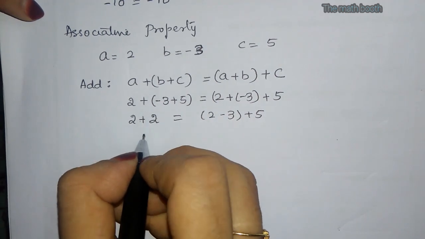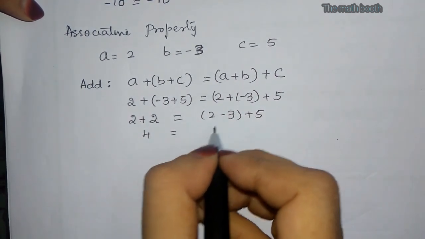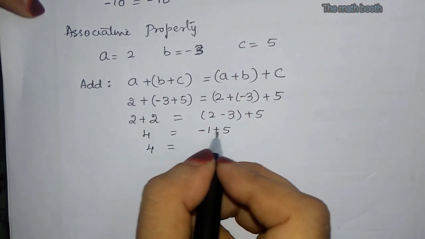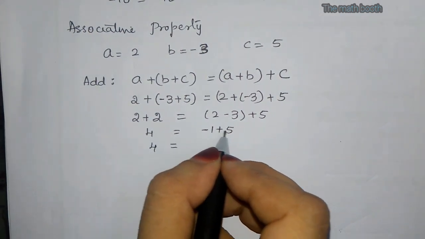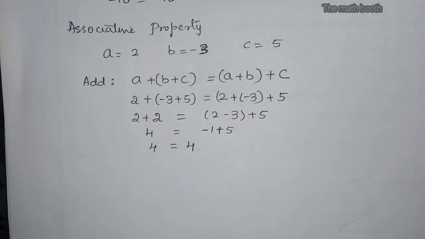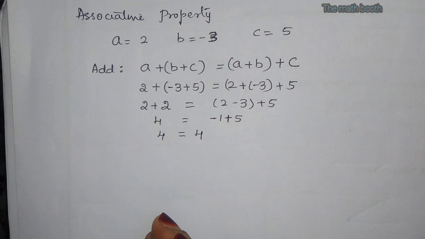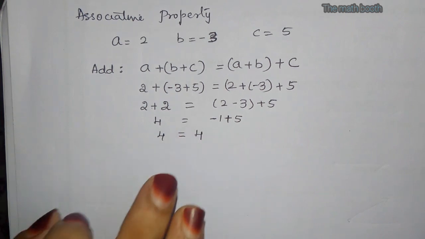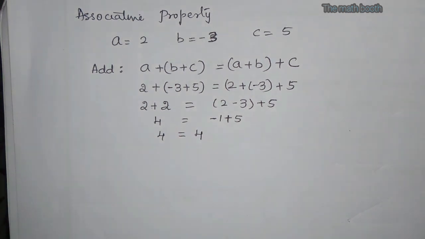Okay, 2 plus 2 is 4. Here 2 minus 3 is minus 1 plus 5. So 4 is equal to 5 minus 1, which is 4. LHS is equal to RHS. So what we can say is that the associative property is satisfied under addition, or the associative property is closed under addition.